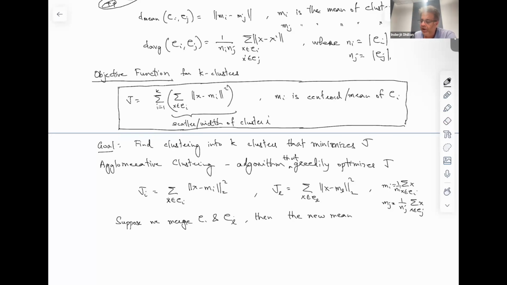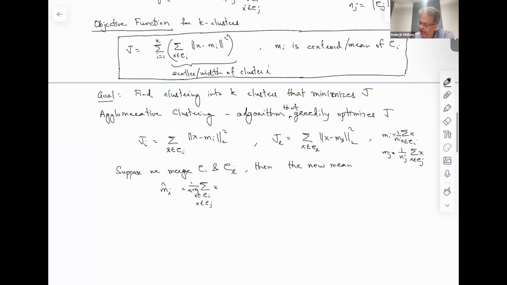Okay. Then the new mean will be, let's call it Mi hat, right? It'll be the summation of all the points in the merged cluster, right? So I can write it as summation of x, x belongs to Ci and x belongs to Cj, and 1 divided by Ni plus Nj.